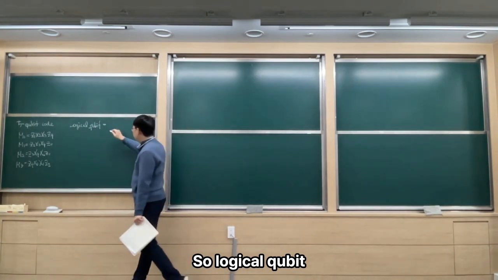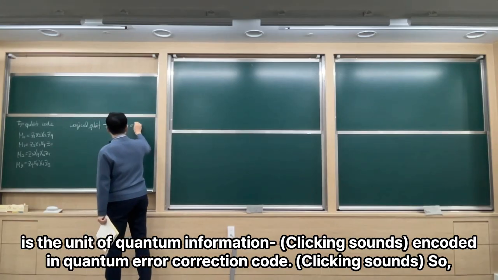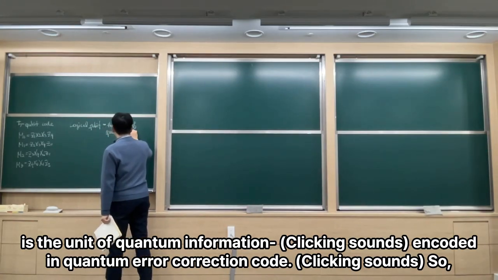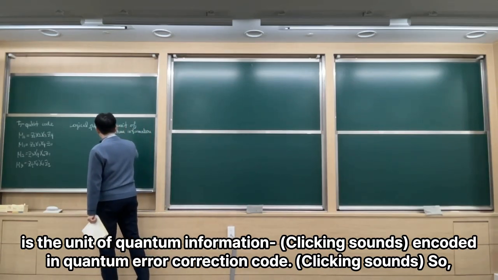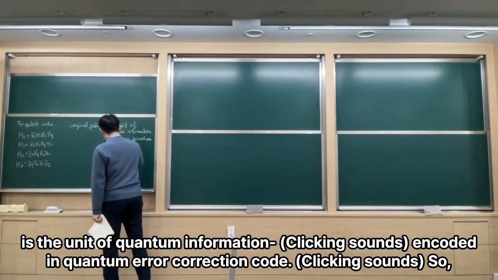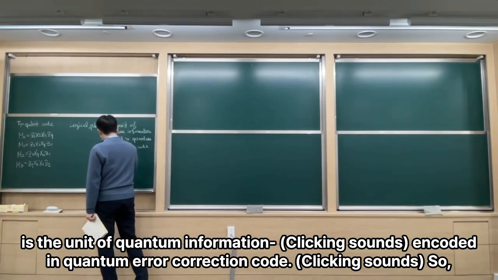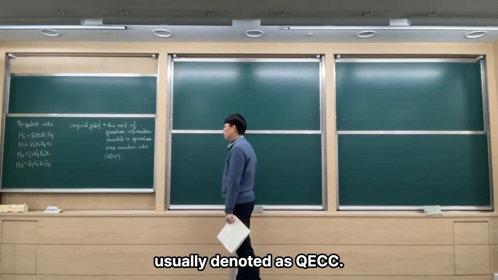A logical qubit is the unit of quantum information encoded in a quantum error correction code, usually denoted as QECC.